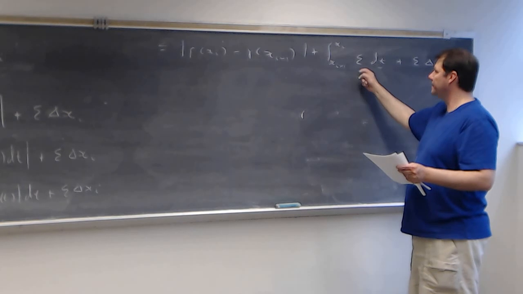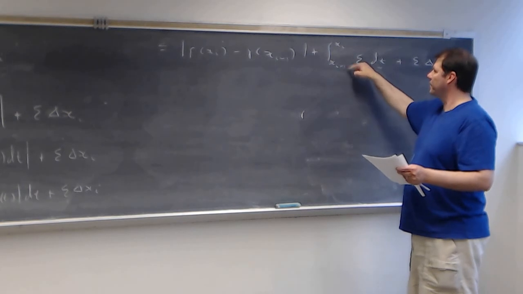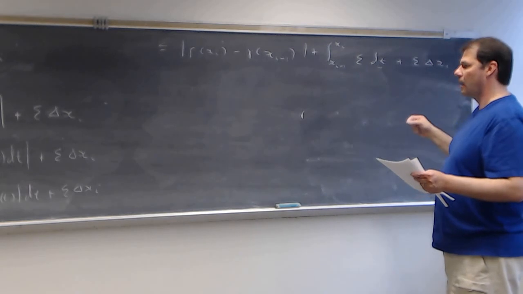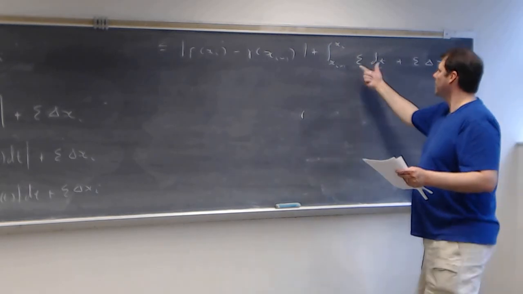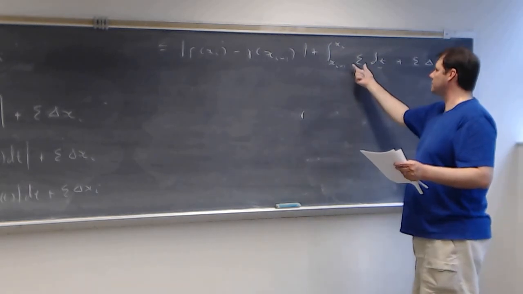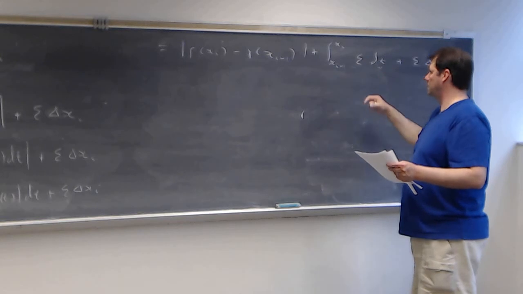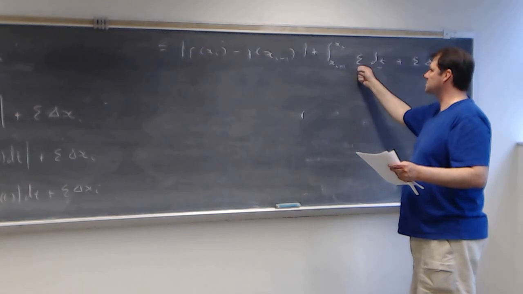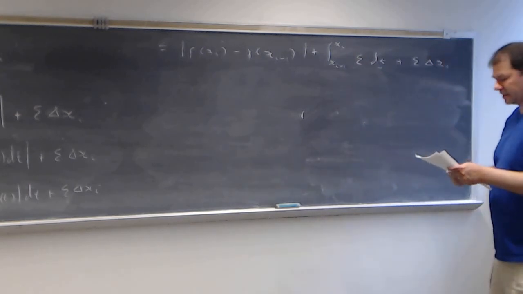And the reason I could do that is because when I was integrating gamma prime of x sub i minus gamma prime of t, because x sub i and t were within this interval of each other, its norm, the distance between them, will be less than epsilon. So that's why I can make that replacement.